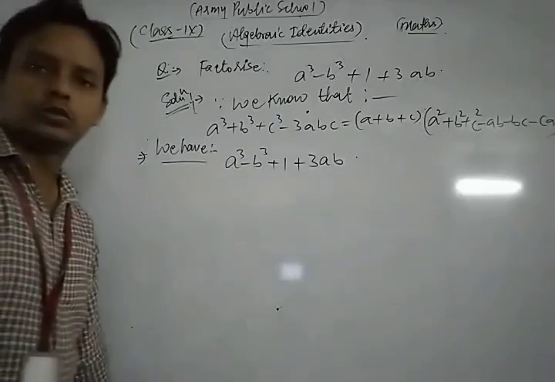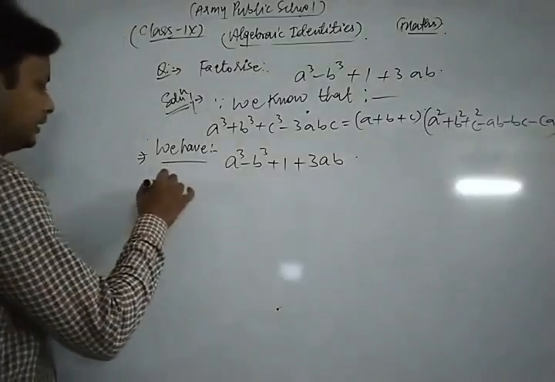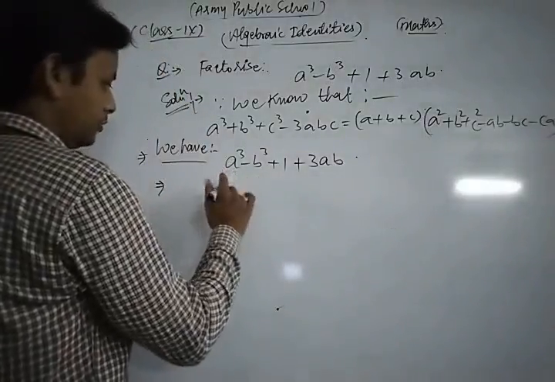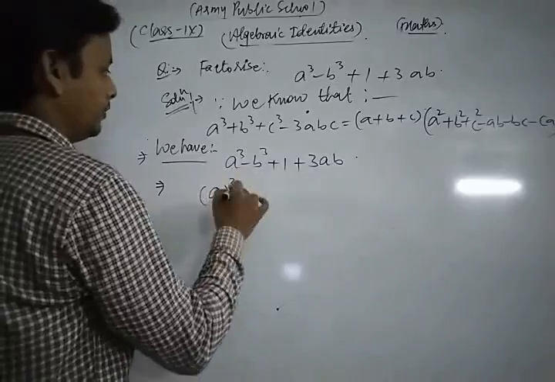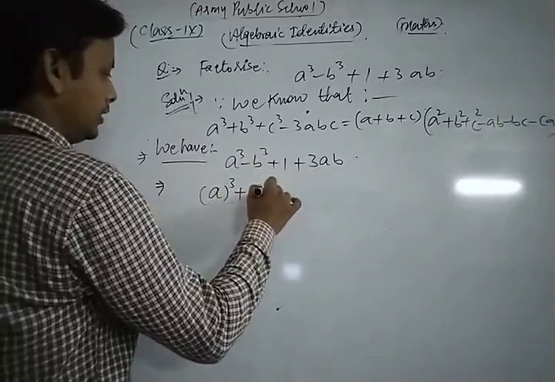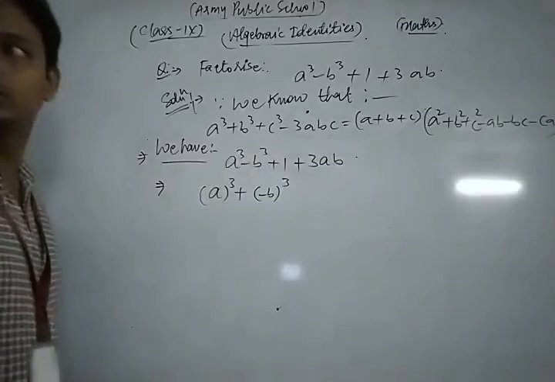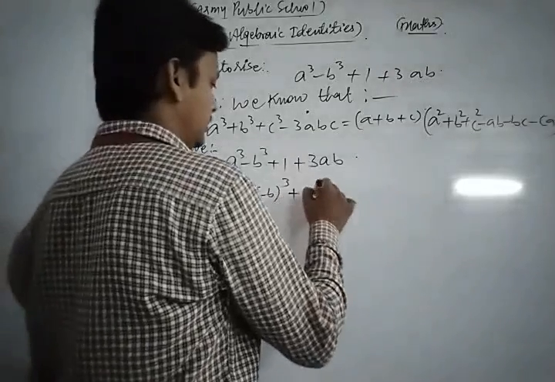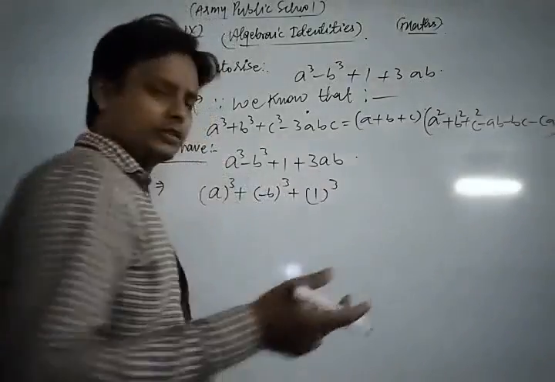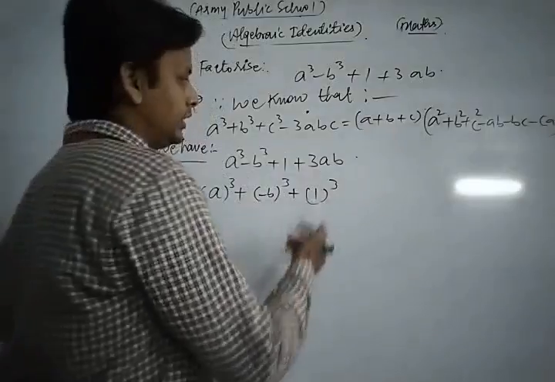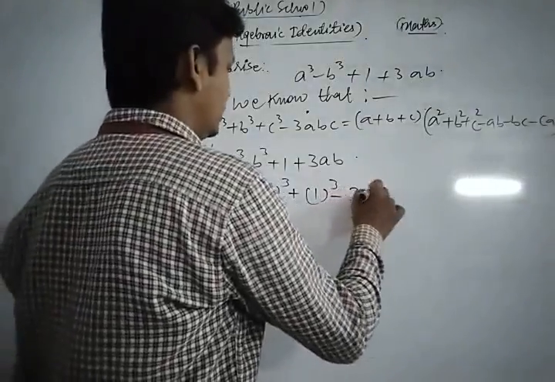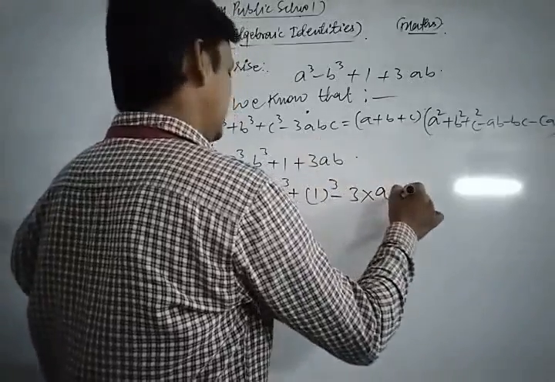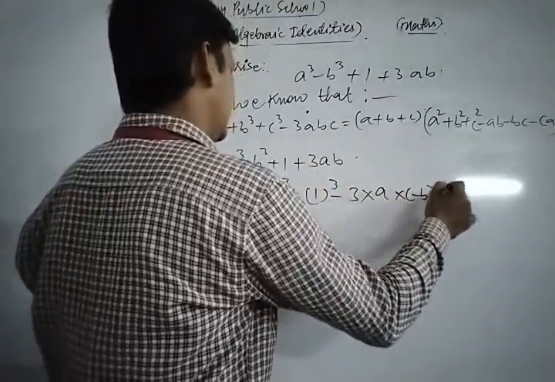Now what I do, we can arrange it. We can write a³, plus minus b³, and plus 1³, and minus 3 into abc, where a means a, b means minus b, c means 1.